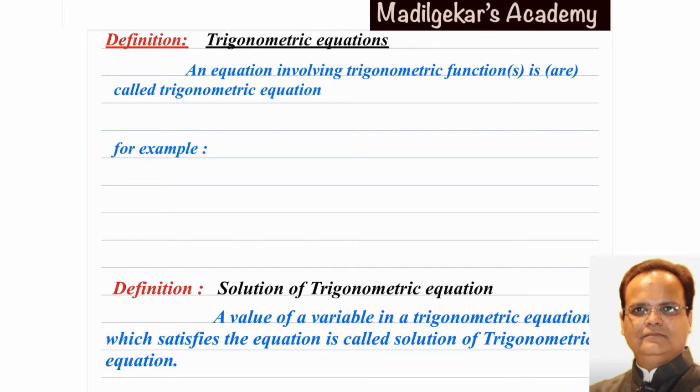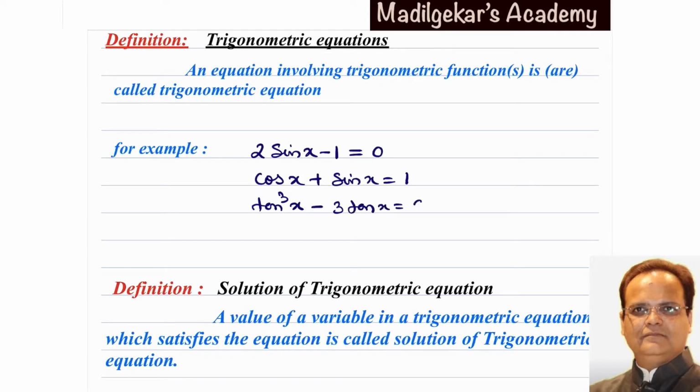For example, 2 sin x minus 1 equals 0, cos x plus sin x equals 1, or tan cube x minus 3 tan x equals 0. So these are all trigonometric equations.